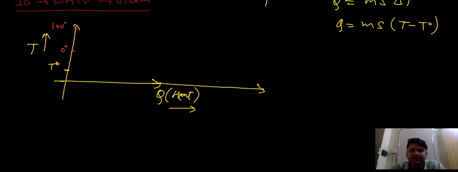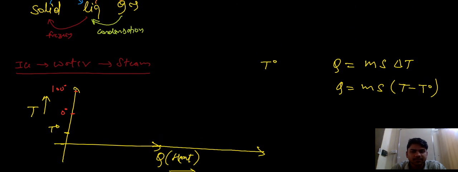You can clearly see that this is a linear relationship, and the values of m and s will be constant for the same phase. If you are in the ice state, your phase will remain the same, so you will get a straight line. Your line will go from T naught up to a point, let's say up to here.